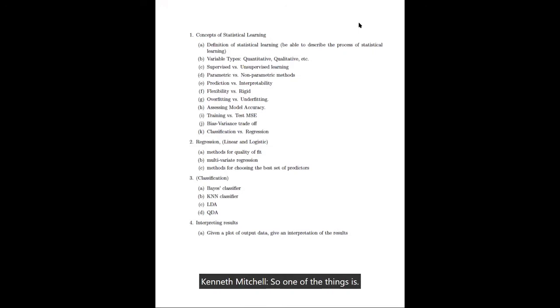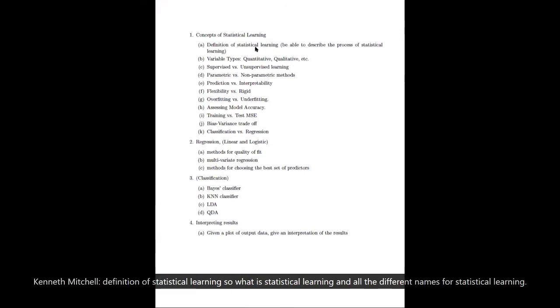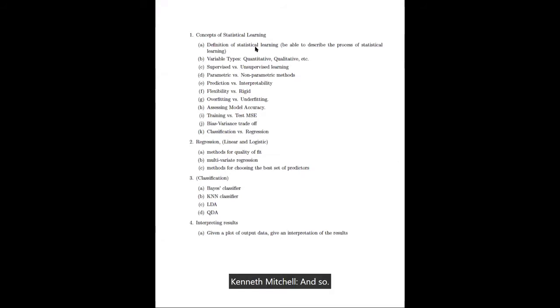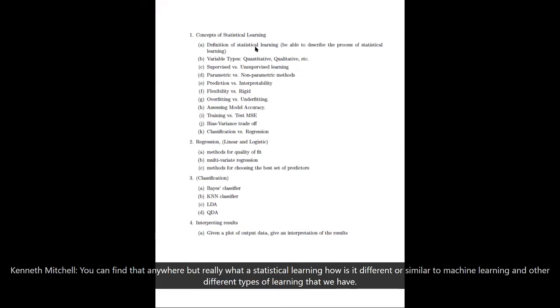So one of the things we want to look at is the definition of statistical learning. So what is statistical learning? And all of the different names for statistical learning. You can find that anywhere, but really, what is statistical learning? How is it different or similar to machine learning and other different types of learning that we have been looking at?